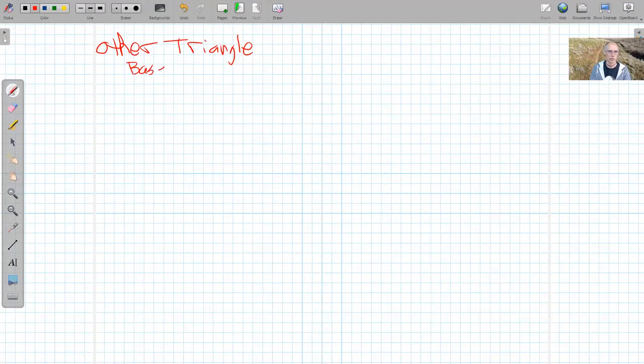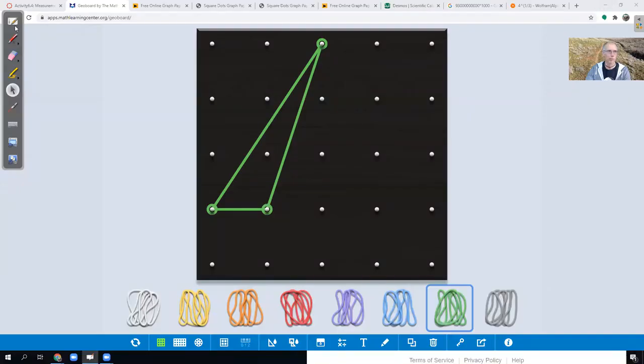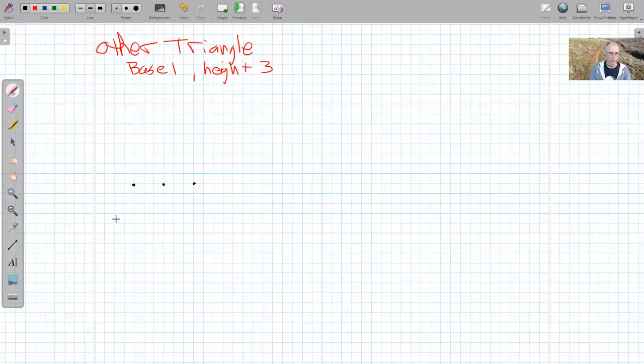Base of 1 and a height of 3. So I'm going to put some dots on my graph paper to draw that out. How far over did I go? I think I just went 1 unit over. Yep. So making another row of dots, equidistant in a grid.